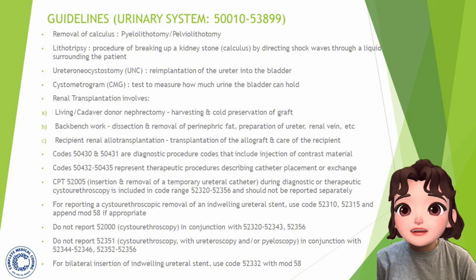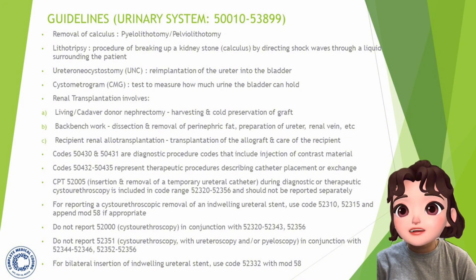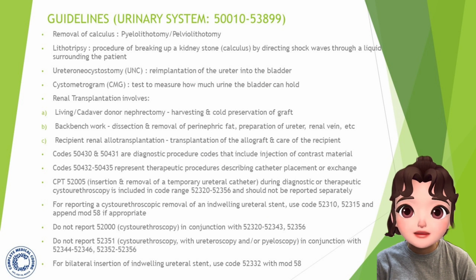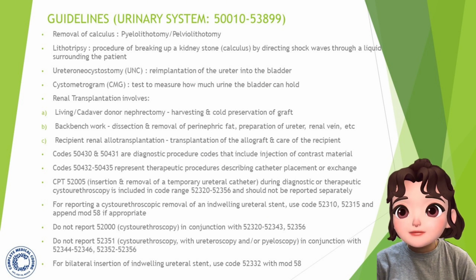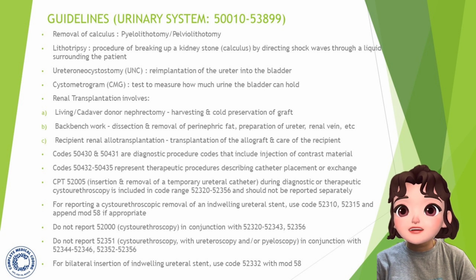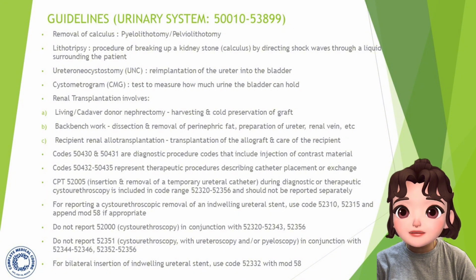Now, CPT 52005. What is CPT 52005? It means insertion and removal of a temporary ureteral catheter during diagnostic or therapeutic cystourethroscopy. It is included in the code range 52320 to 52356 and should not be reported separately.